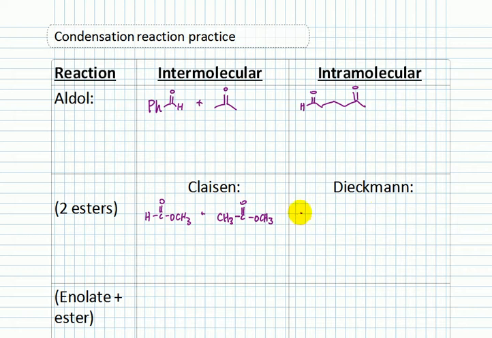So CH3O, C double bond O, and then 1, 2, 3, 4, 5, 6 carbons.